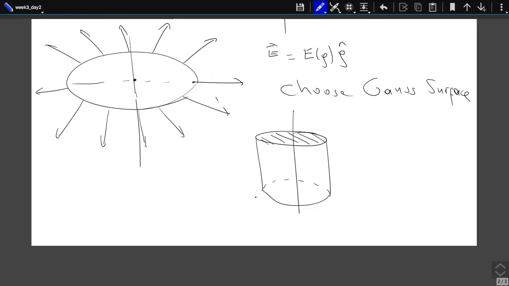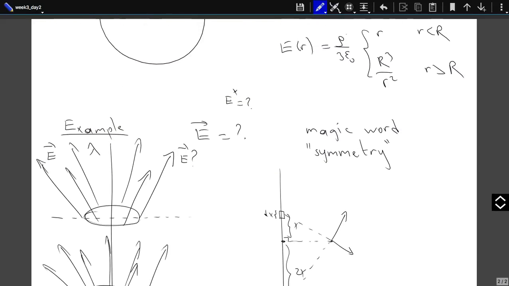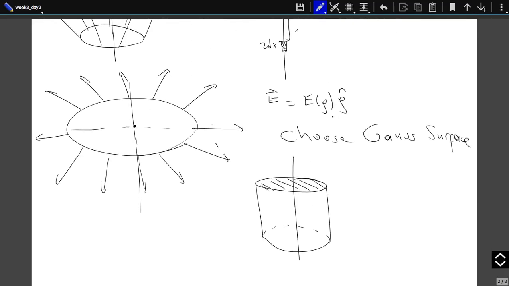The top doesn't contribute because E is perpendicular to dA. The bottom doesn't contribute because, again, the electric field is perpendicular to the area vector. Only the side contributes, and on the side, since every point is at the same distance from the center, from the wire, the magnitude of the electric field doesn't change, so I can just take it out of the integral. So that is why, for the wire, we choose this closed cylinder.